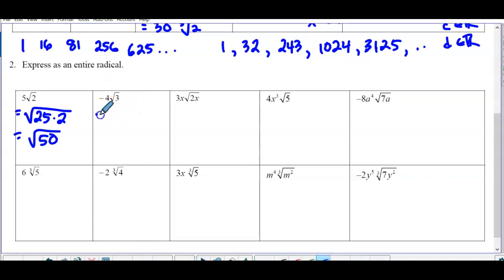If it's a square root, I leave the negative, and then 4 gets squared, which is 16 times 3. So that's negative root 48. If I squared negative 4 and put it back in, it would still be positive 16, and it'd be root 48, and that would not have the same simplified value. So you have to leave that negative out. If it was an odd index, then you could do either, but this you have to leave out.